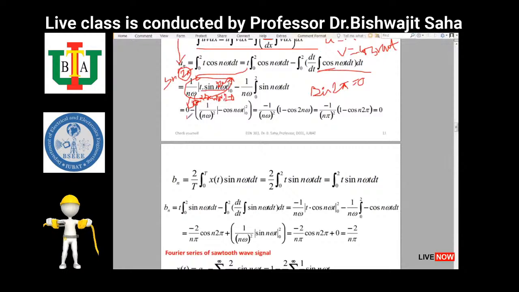Yes. Second term, minus 1 over n omega, integral of sine n omega t. So here is the sine nx integration, and the result is always minus cos nx divided by n, right?